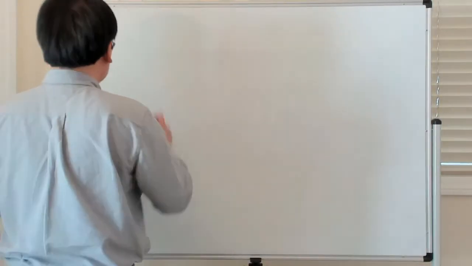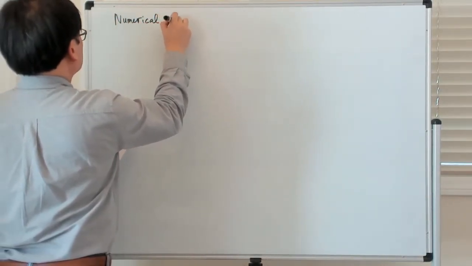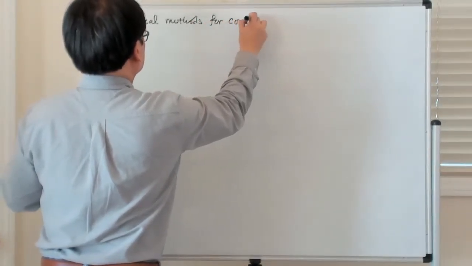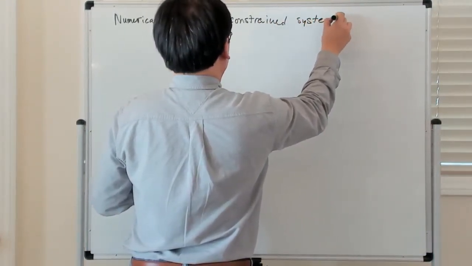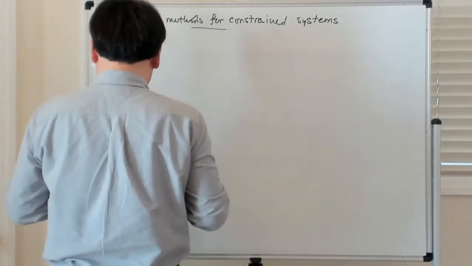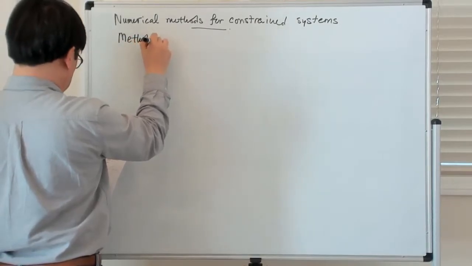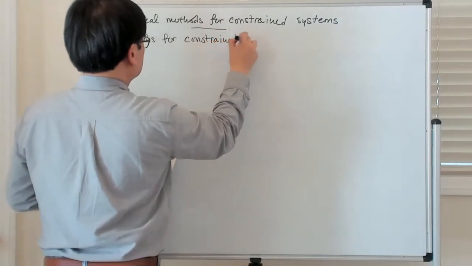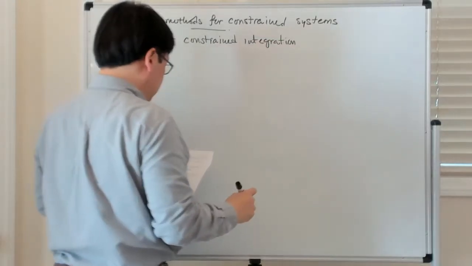Okay, so let's look at some numerical methods for constraint systems. Methods for constraint integration tend to fall into two general classes.